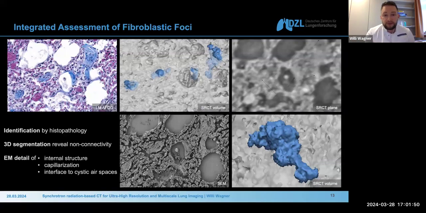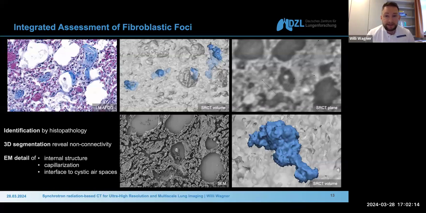Where the synchrotron imaging really came in handy was when we looked at fibroblastic foci. If you would look at pulmonary fibrosis as if it was cancer, the cancer cells would be your fibroblastic foci.